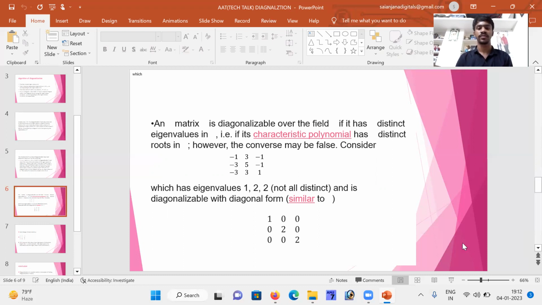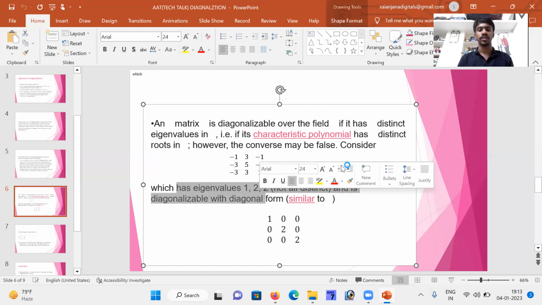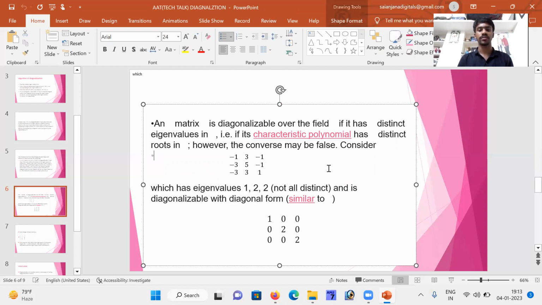Consider these elements in the matrix which has eigenvalues. If we solve this matrix, we get the eigenvalues 1, 2, 2.